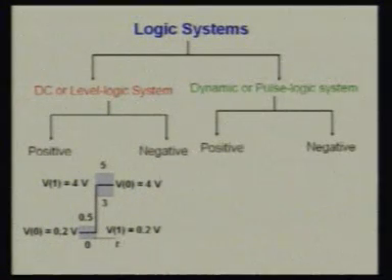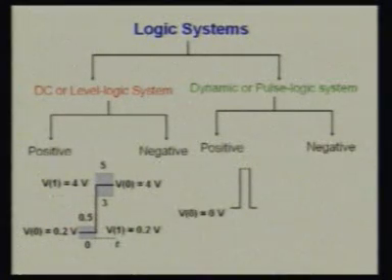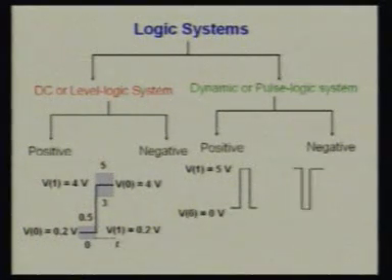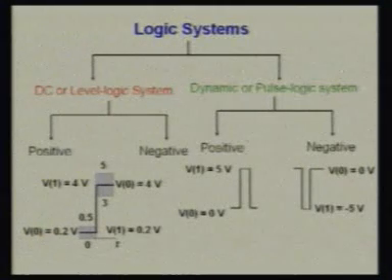In the positive pulse logic system, we give a positive pulse, and the 0 state is recognized by 0 volt, and the higher state, the 1 state, is recognized in general by 5 volt. In the negative pulse logic system, we apply a negative voltage signal, of which the 1 state is recognized by -5 volt, and the 0 state is recognized as 0 volt. So this is the logic system.